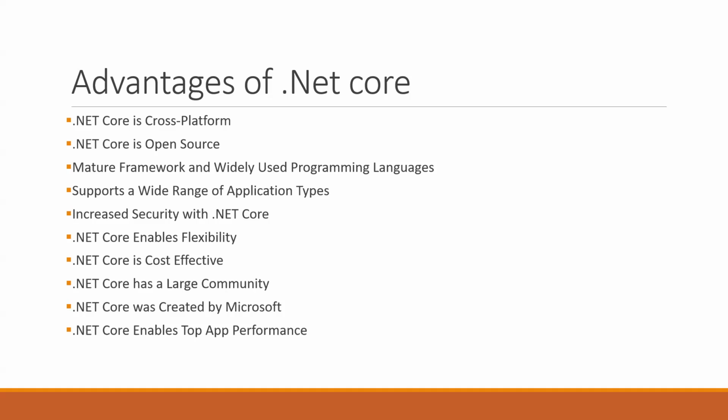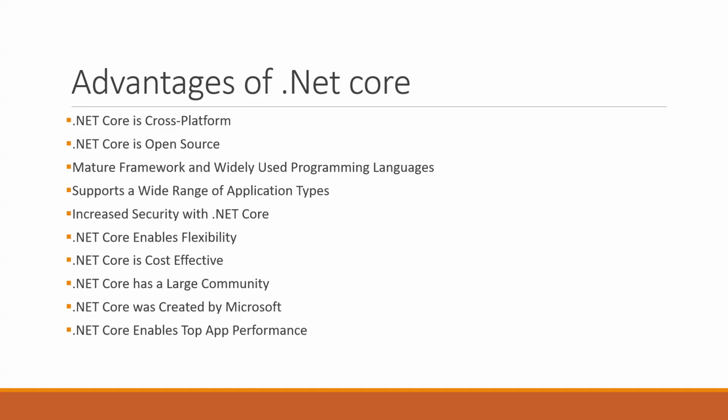It is more flexible and cost effective, it has a large community, and it is created by Microsoft. .NET Core enables top app performance. The performance is very much improved with the same size of server. If you use .NET Core, the performance will be very high.